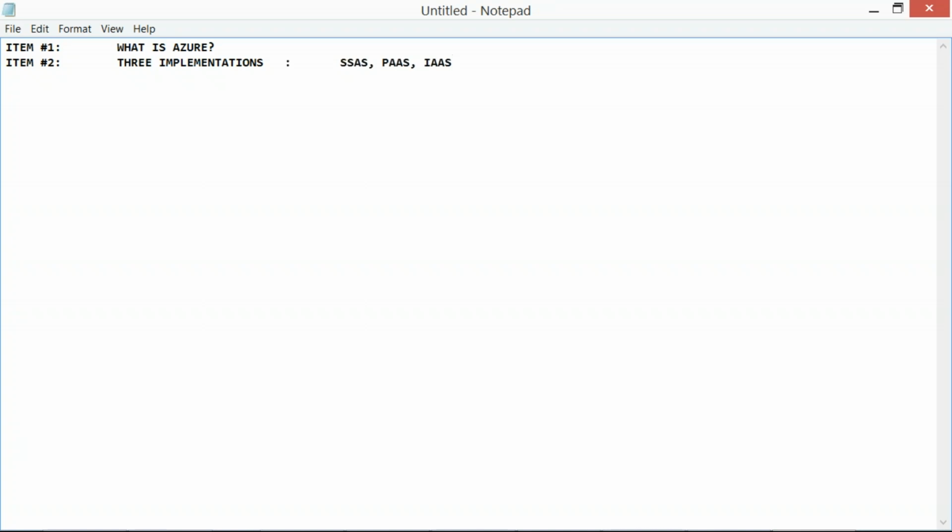We'll be taking the examples one by one in our actual classes. Then item number 3, so this is actually what is cloud, the 3 cloud implementations.